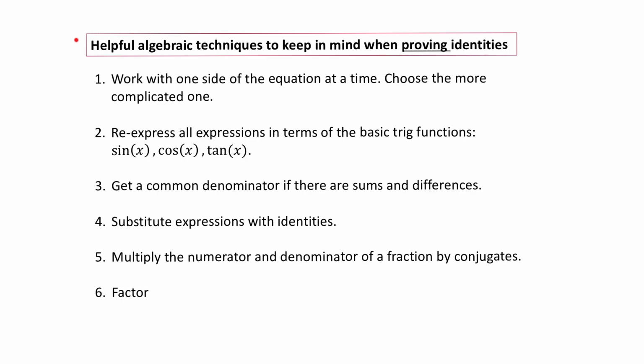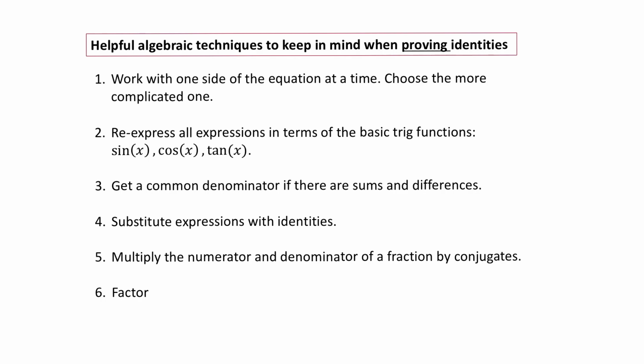Here I have some useful tips that I want you to keep in mind when proving identities. These tips can really help you figure out what sort of steps you should take whenever you are presented with an identity. For example, number one.